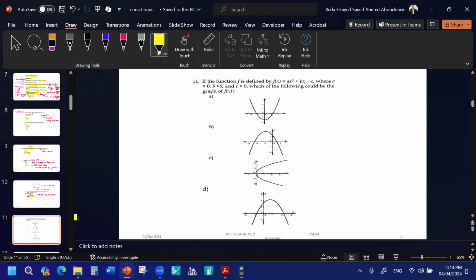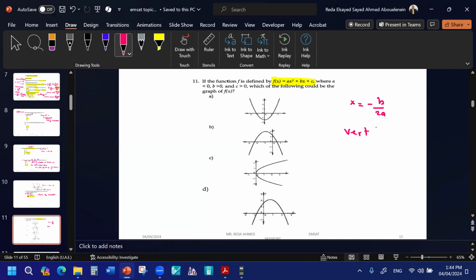More question. If the function f is defined on this form, we see that it's a quadratic formula. x equals -b over 2a is the axis of symmetry.